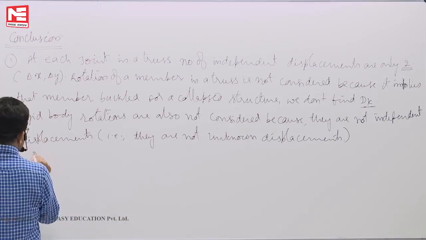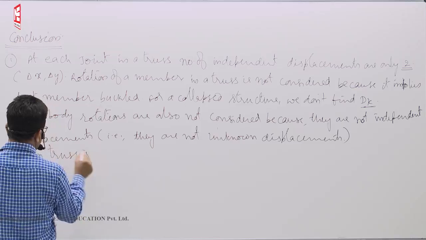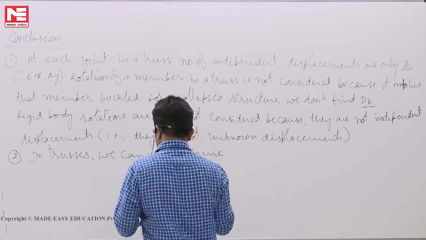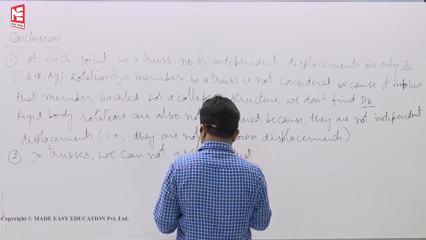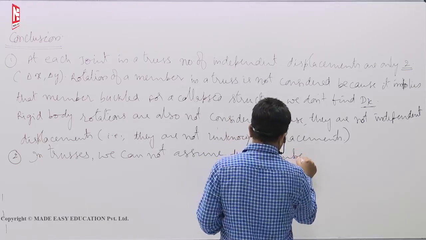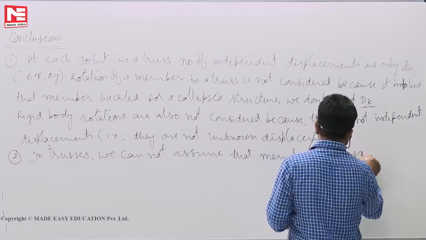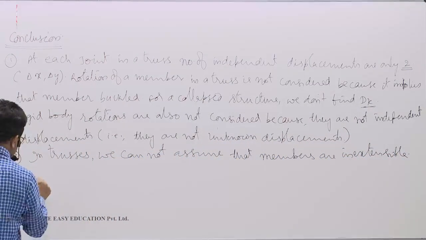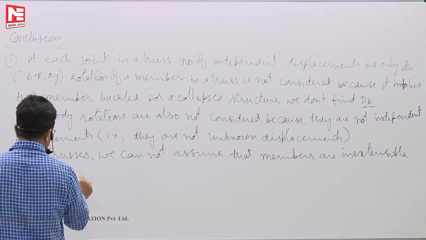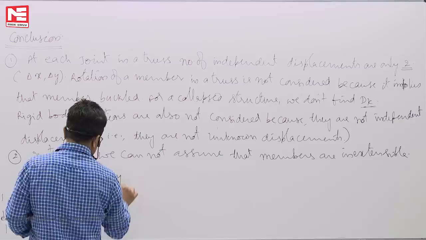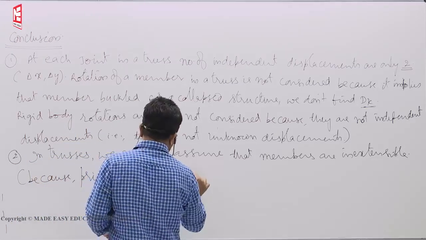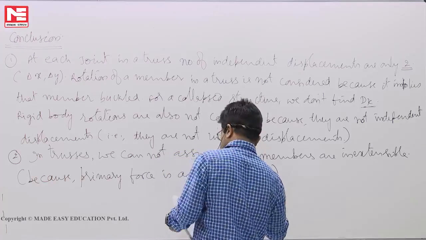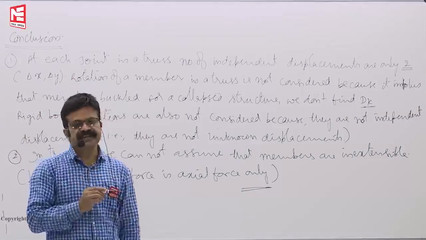In trusses, we cannot assume that members are inextensible, because primary force is axial force only. This is like assertion and reasoning type also they can ask.